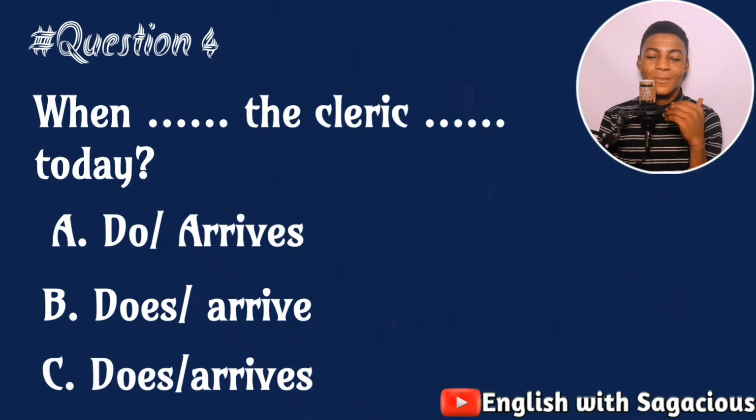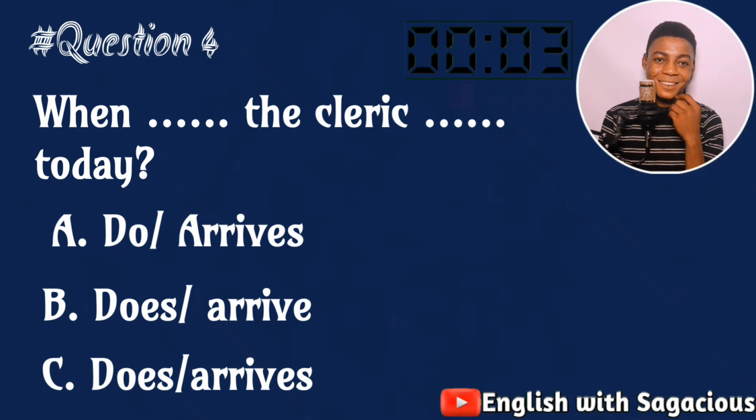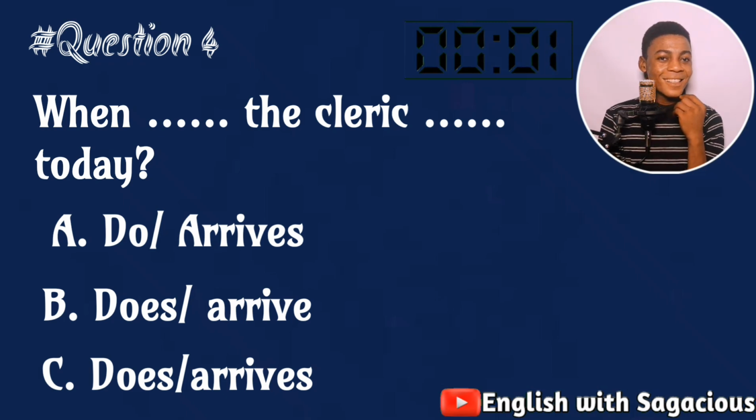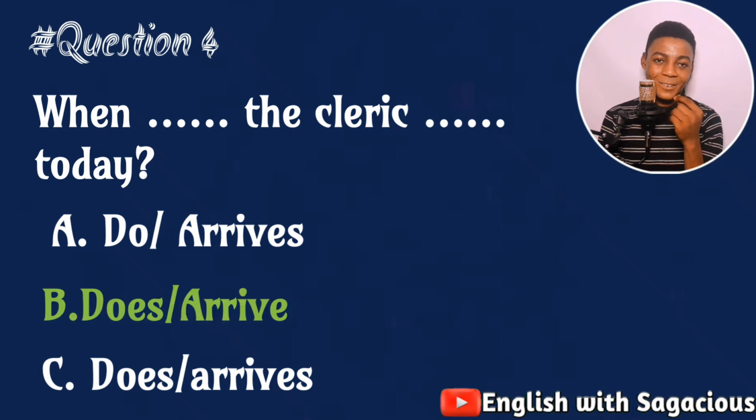When does the cleric arrive today? The right answer is when does the cleric arrive today? Do you get it right? So the question is inquired about the object of the sentence, so the nature of the subject, which is the cleric, a single subject noun phrase, we determine the right kind of verb to use.